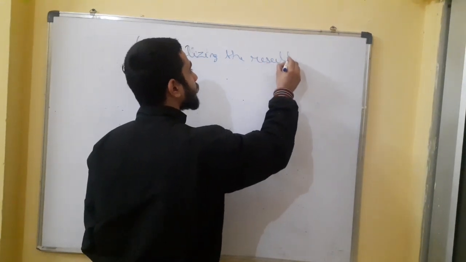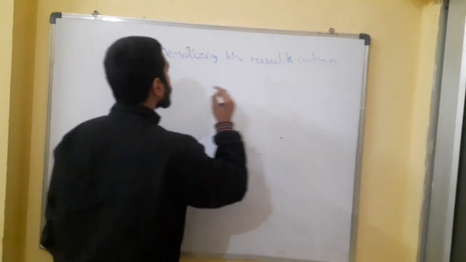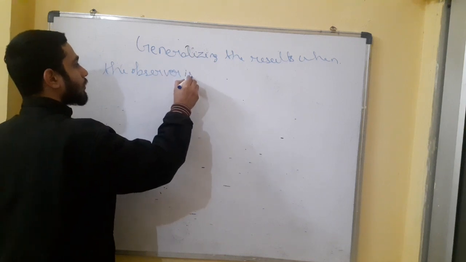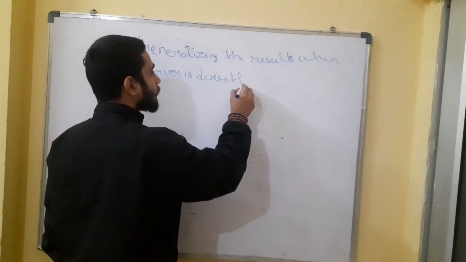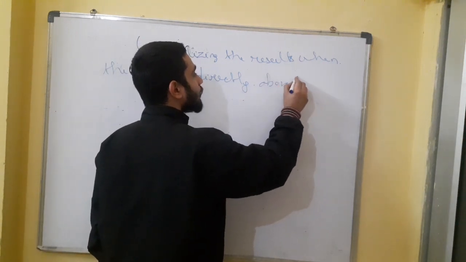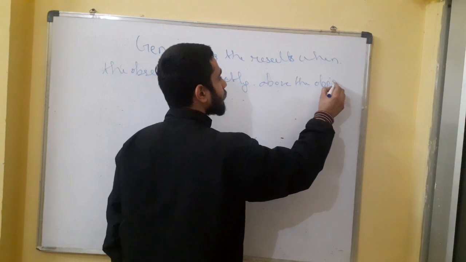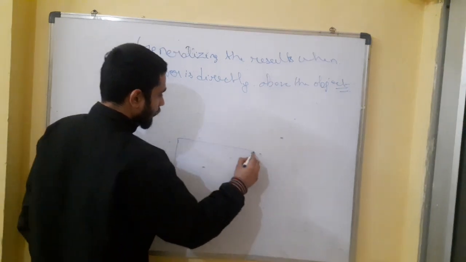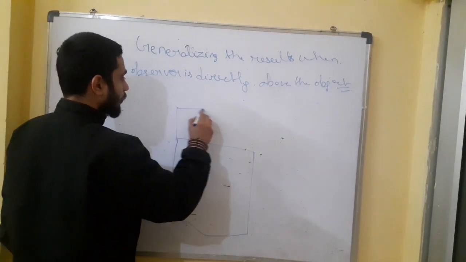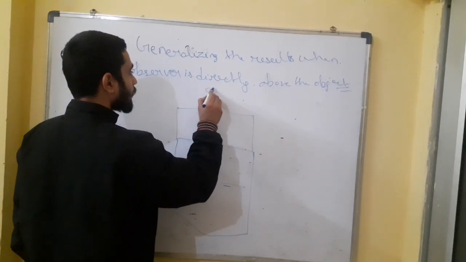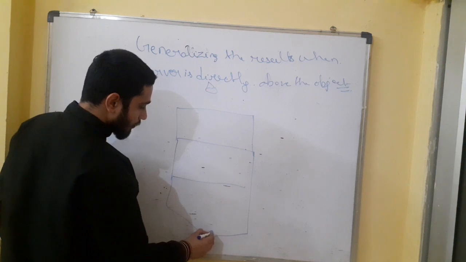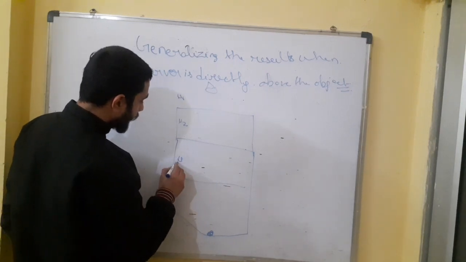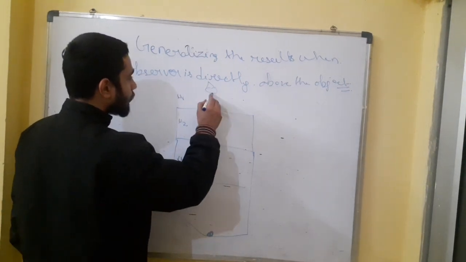Suppose that this is the observer and this is the object, and this is refractive index mu1, this is refractive index mu2, this is refractive index mu3, and this is refractive index mu4.